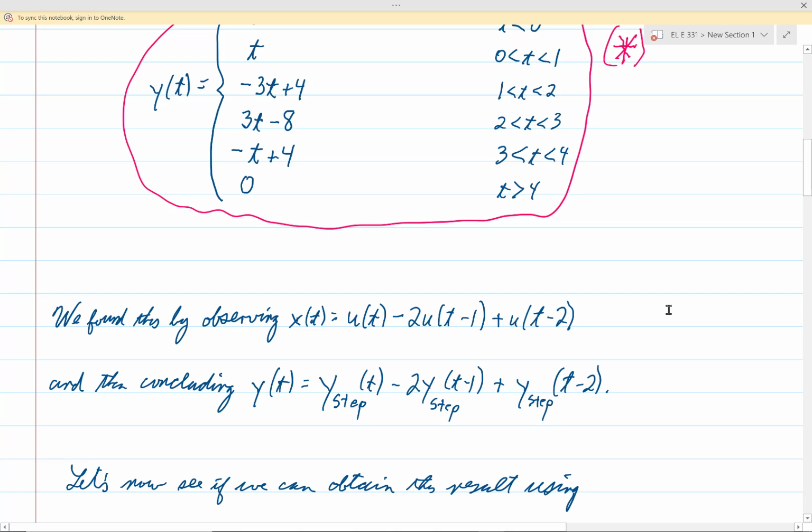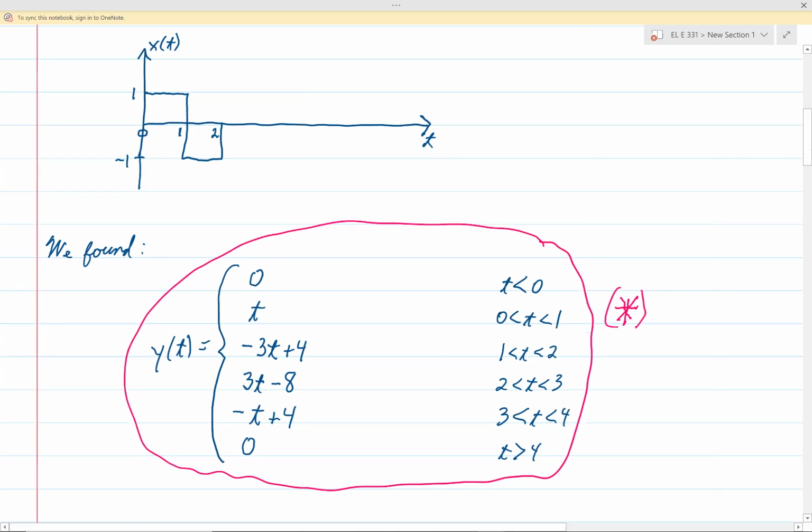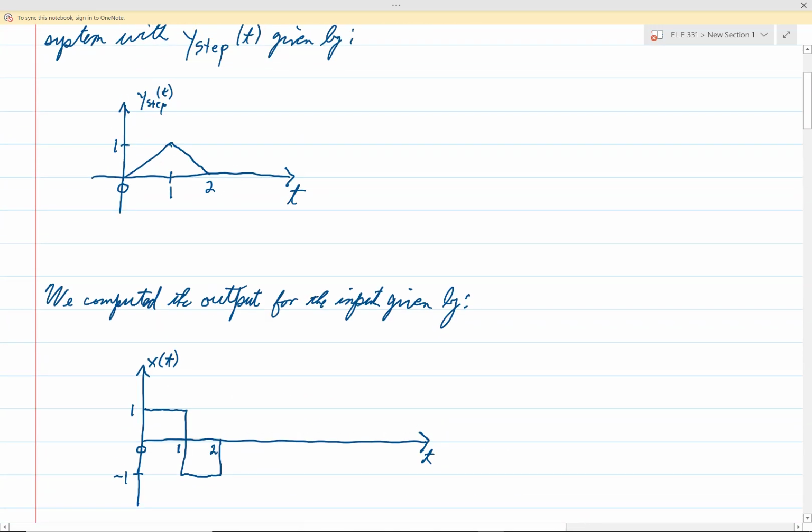And of course, if that's the input x of t, then the response to x of t, which is y of t, will be the response to u of t minus twice the response to u of t minus 1 plus the response to u of t minus 2. So in other words, it's y step of t minus 2y step of t minus 1 plus y step of t minus 2. And fortunately, we already have y step of t given for this problem.